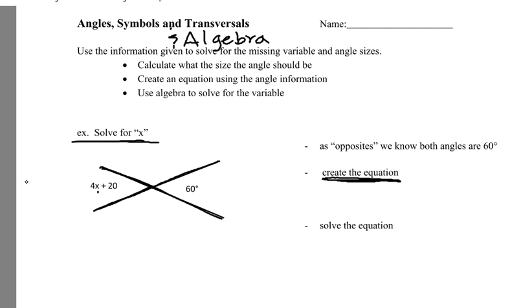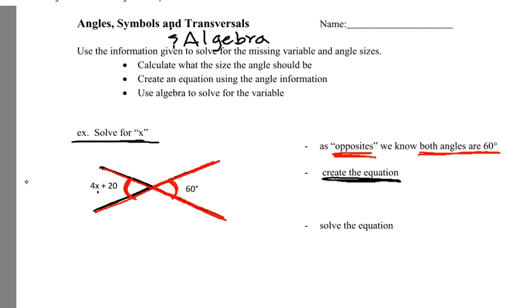We see two lines intersecting, and we therefore know angles opposite or across from each other are the same. So as opposites, both those angles have to be 60. If this angle is 60, the one opposite also has to be 60.